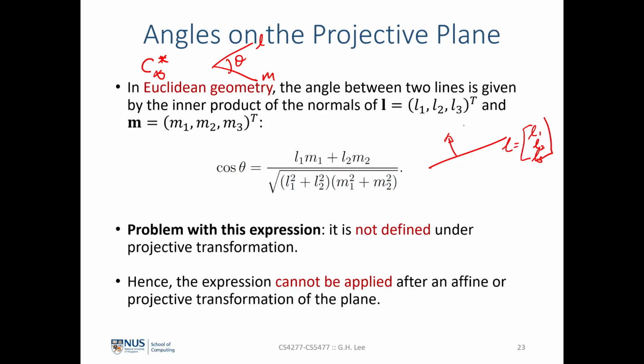Hence, this normal vector here is given by L1 and L2. Similarly, any line M given by the three-vector M1, M2, and M3 would have a normal vector given by the first two entries, M1 and M2 respectively.